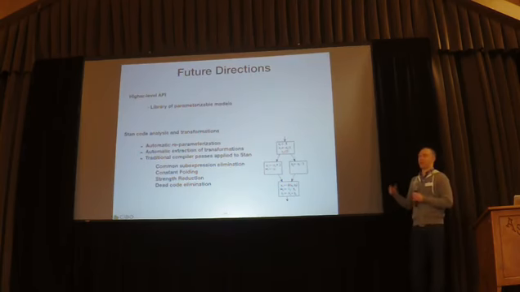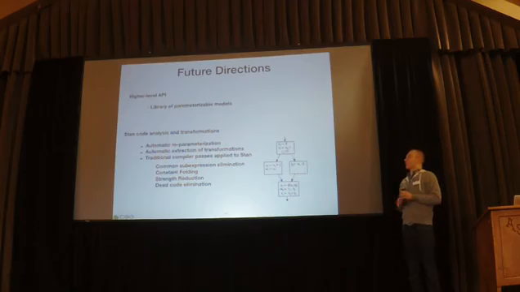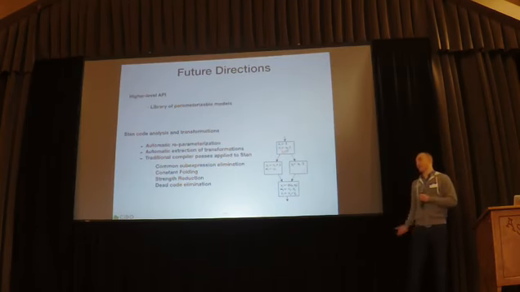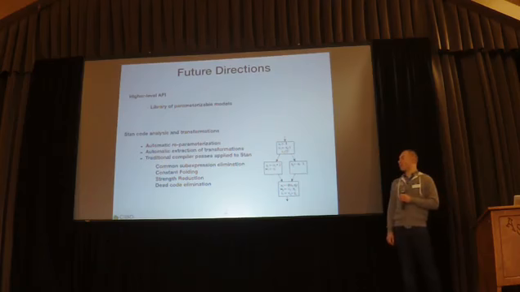So that means we could do automatic reparameterization, for example, or automatic extraction of transforms, or even just traditional compiler optimizations applied to Stan code, which may or may not make sense to do, I don't know, but it would be something you could possibly do.